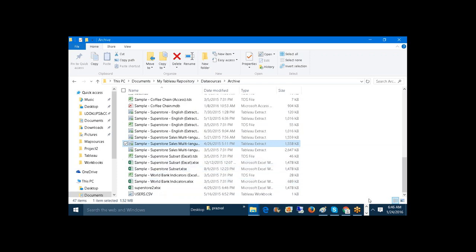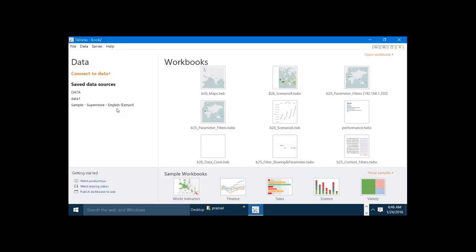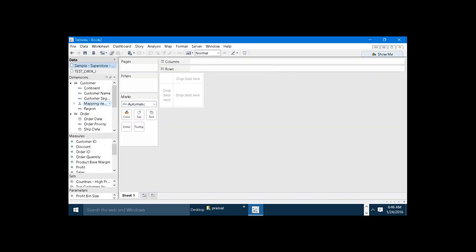So I am connecting to the Superstore English. It is located in the data sources folder of the Tableau repository, and here we have the saved connection. By default, if we install Tableau Desktop, you will get this connection. Just click on the Superstore.